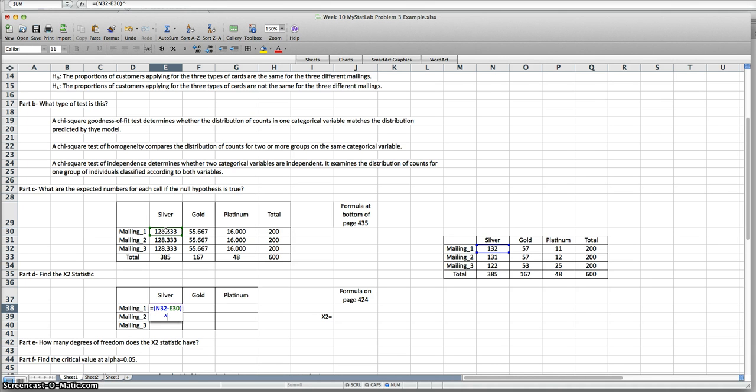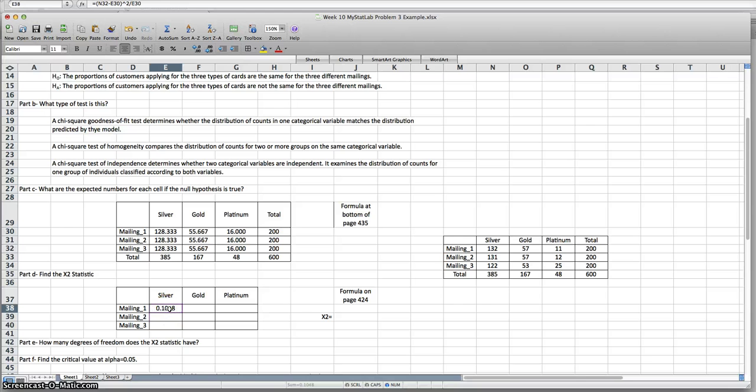Squared, and then we're going to divide by the expected, which was 128 again here, and let's hit enter. There we have it. For this one, our total is 0.1048.